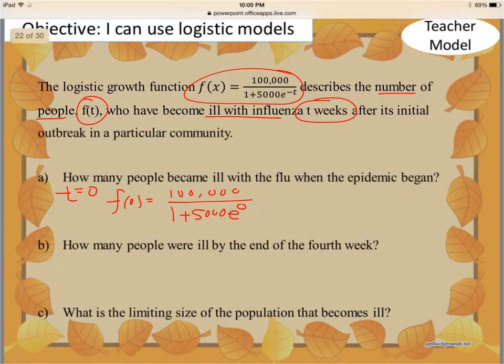What would this e be? Well, anything to the 0 power is just 1. So basically what I have is 100,000 divided by 1 plus 500, and what we get is about 20 people.